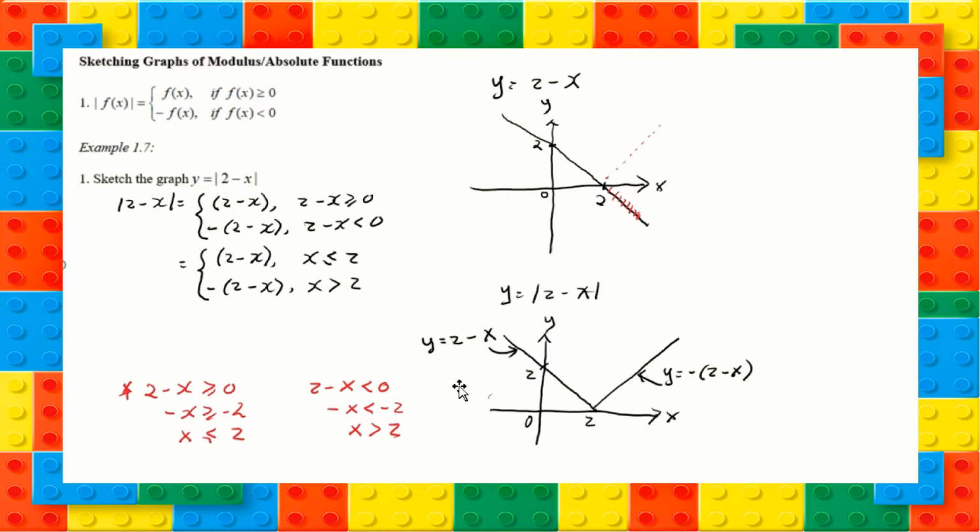Now we can verify this graph with the piecewise function here. We look at the graph when x is less than 2, that is for 2 minus x. For x which is greater than 2, this is for negative (2 minus x). So finally we will get a graph.